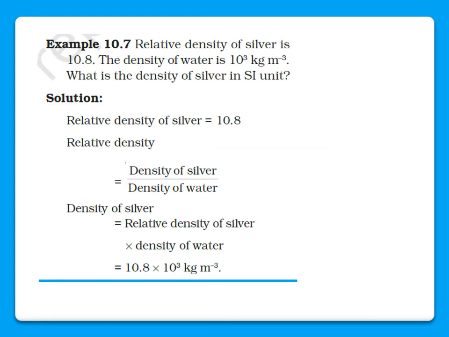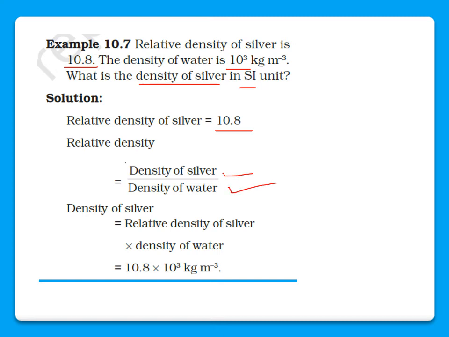This is one question. Let me solve it for you. Relative density of silver is 10.8. The density of water is 10 to the power 3 kilogram per meter cube. Now you have to find out the density of silver in SI units. Let me write down the data given in the question. Relative density of silver is 10.8 and we have the formula for relative density, that is density of silver upon density of water.